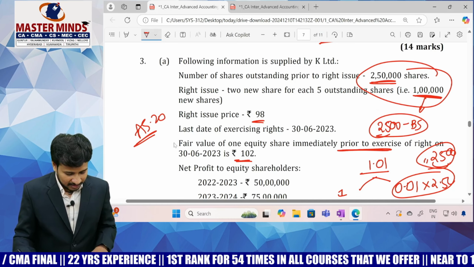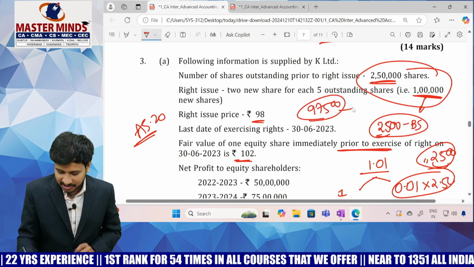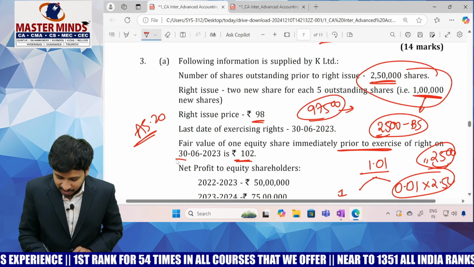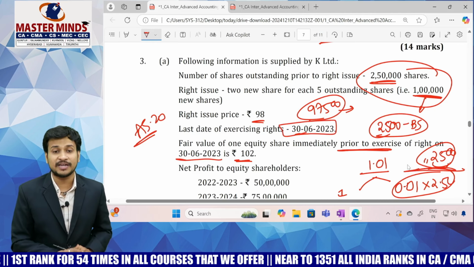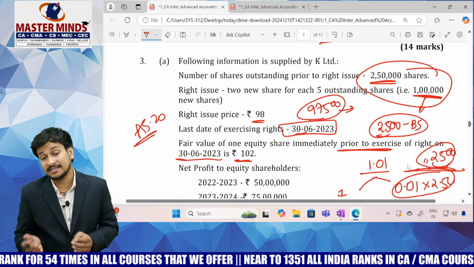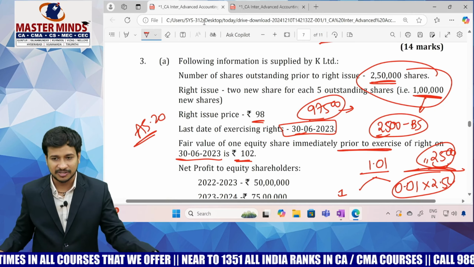So 1 lakh minus 2,500 is 97,500 shares, which can be considered from the date of rights issue, that is 30/6/2023, and the 2,500 shares are considered as if they are bonus, and considered right from the beginning of the previous year as the weight of these bonus shares.